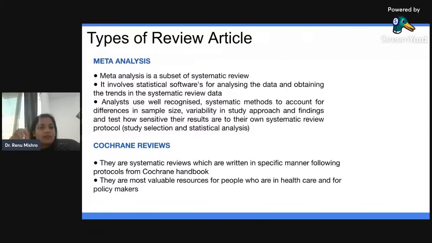So meta-analysis basically is a subset of systematic review wherein you are using statistical software. In systematic reviews you are talking about the literature, right? In meta-analysis, you are focusing on the methodological aspect of that literature: the sample sizes in the various studies, the various tests they have employed, the comparison between the findings of the various studies.